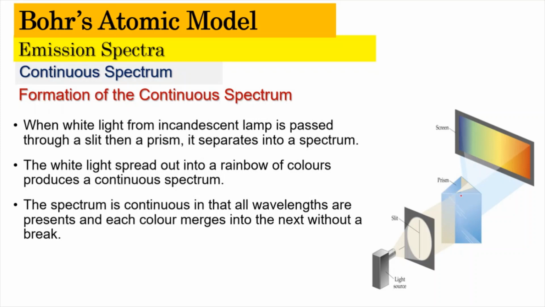The light is diffracted in the prism, and this produces a continuous spectrum that can be seen on the screen. So you can say that the white light spreads out into the rainbow of colors, which produces a continuous spectrum. This continuous spectrum consists of all wavelengths, and each color merges into the next without any break.